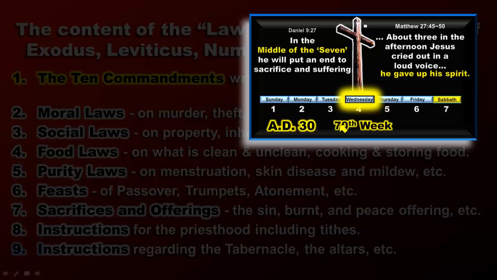So Jesus was crucified in AD 30 on the 70th week. About 3 o'clock in the afternoon, he gave up the ghost.